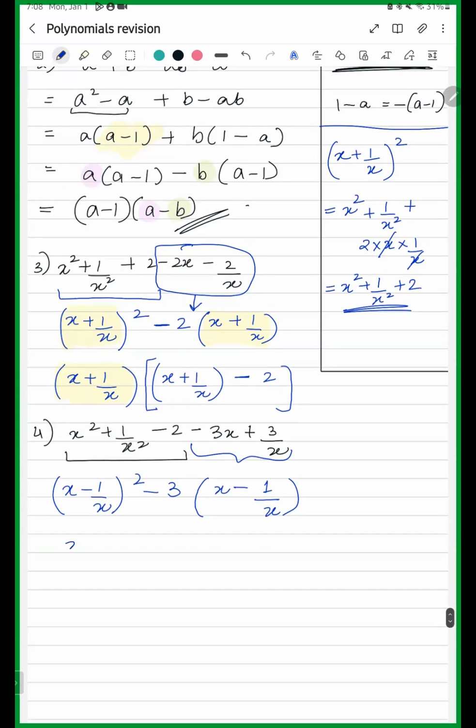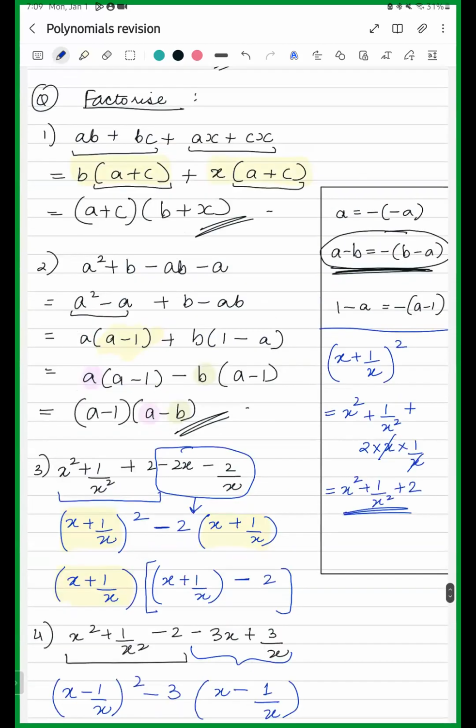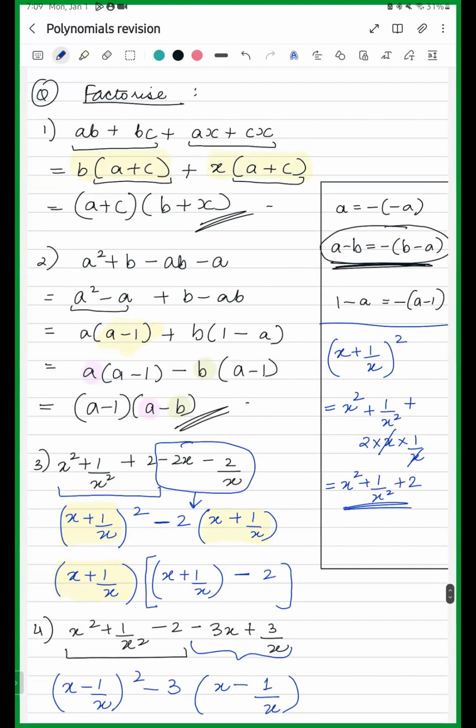So again, from here, you can take x minus 1 by x as common. And then in the bracket, you have x minus 1 by x minus 3. Okay. Whenever the question is asking you to factorize, it means that you have to put it into brackets.